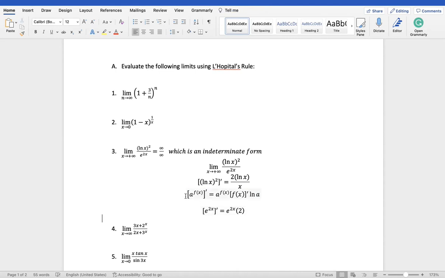So this is the general formula for an exponential.